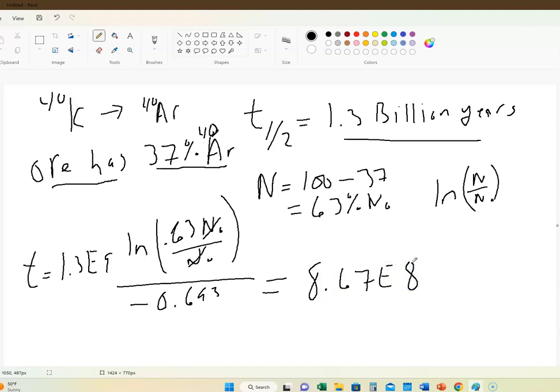Remember, the billion is times 10 to the 9th years. This is less than that, maybe not substantially, but certainly less than a billion years. This is 866 million years roughly, or 867 million years.